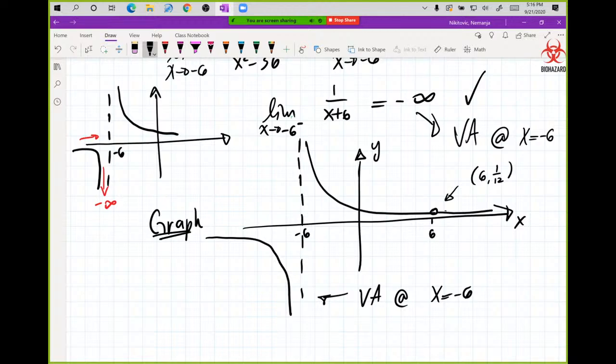It's not enough to have 0 in the denominator, because remember, positive 6 created 0 in the denominator, and it did not have a vertical asymptote. So you have to be careful and analyze your problems carefully to get this vertical asymptote.